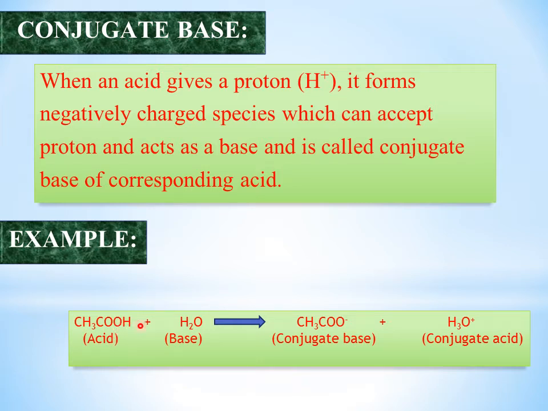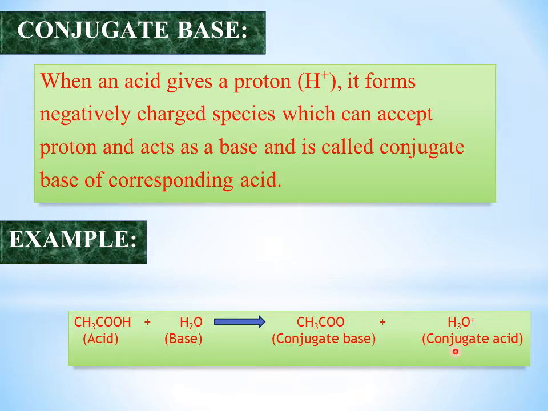Now this acid is reacting with water. As you know, water can act both as an acid and a base. In this case it will act as a base. Why? Because this oxygen is more electronegative than this hydrogen, so it will have a pair of electrons. This pair of electrons will accept this proton and form the H3O positive ion, or hydronium ion.